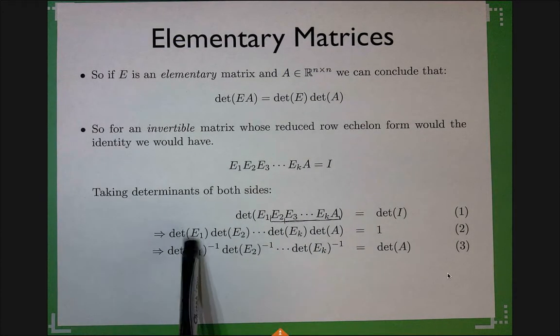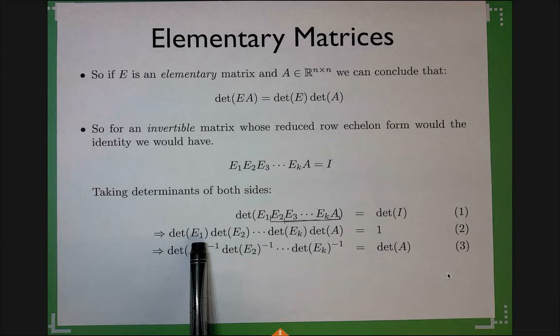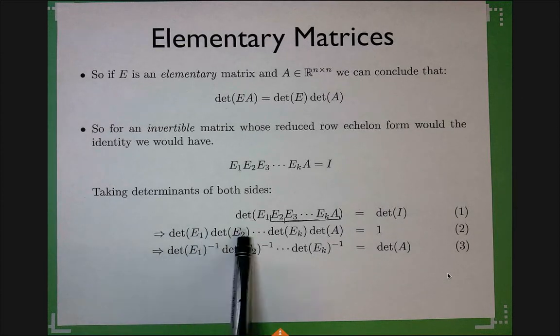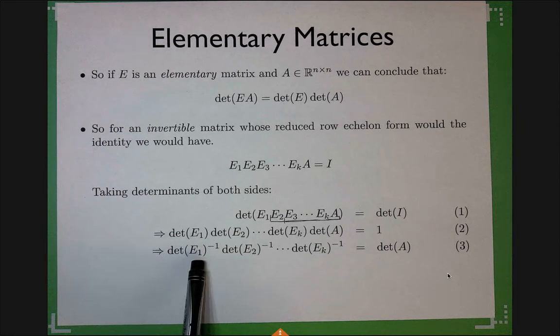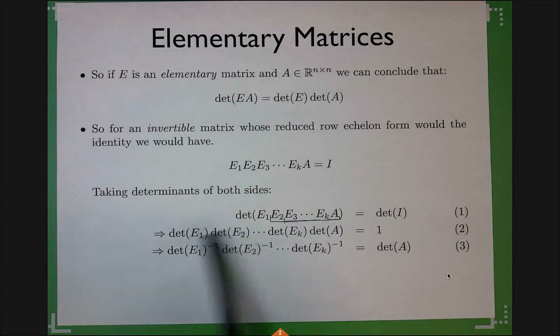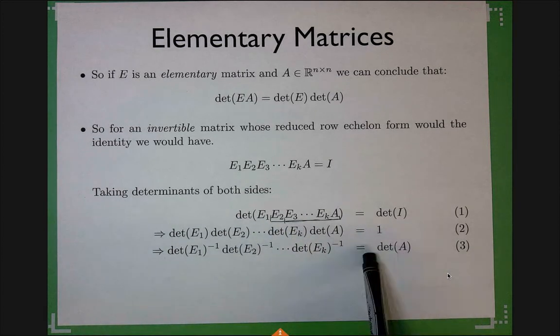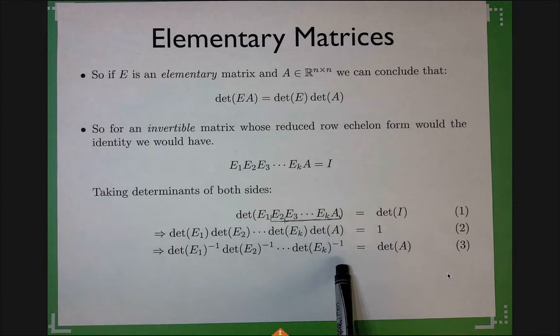And because those are elementary row transformation matrices, we know that they are invertible. So the determinants are non-zero, and I can take the inverse here, meaning I can divide by them. So I find that the determinant of A is exactly this.